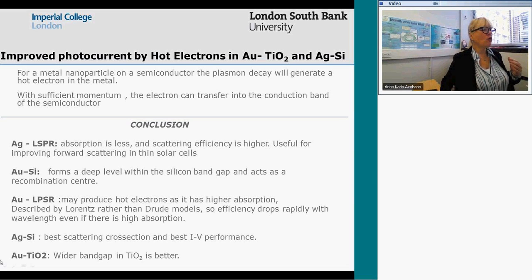Gold localized plasmon surface resonance, which is what we are studying now in 2014, is most definitely producing hot electrons. Gold is very suitable for this case because it has high absorption efficiencies.